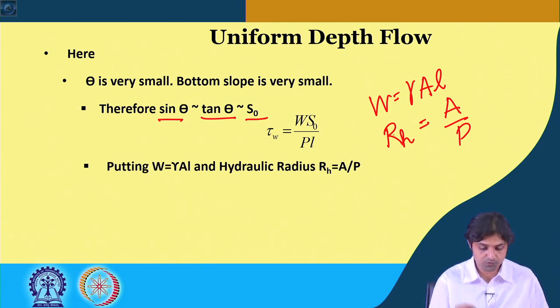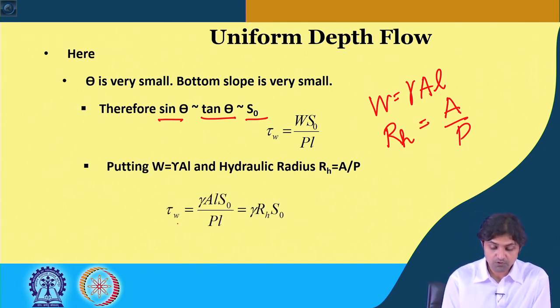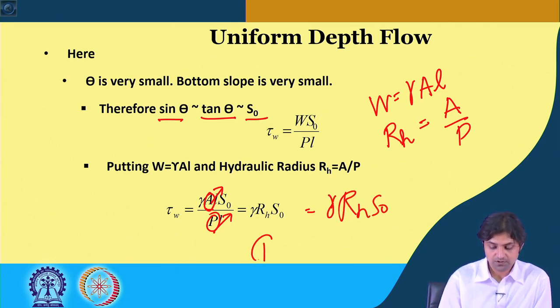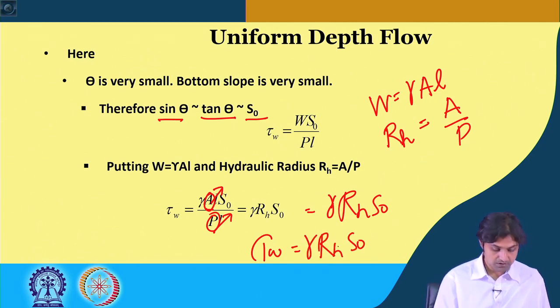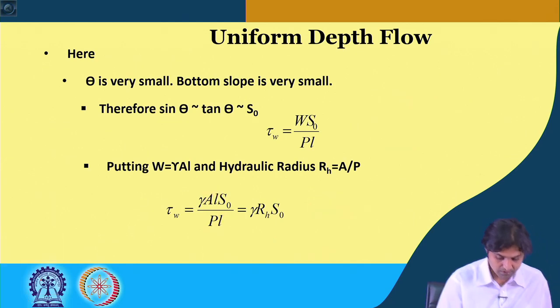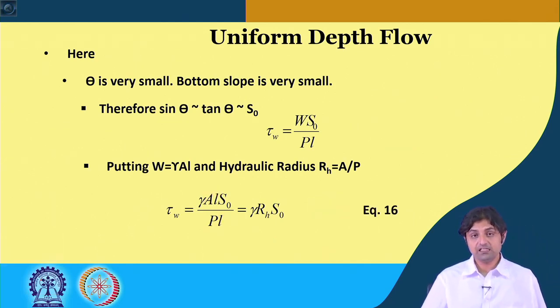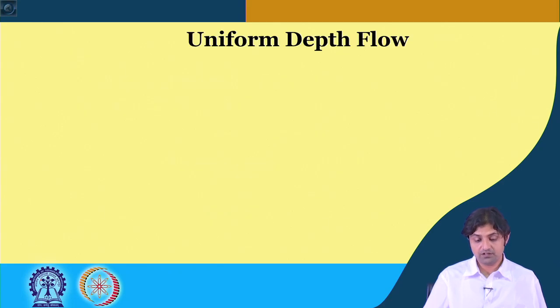So, if we put this term, tau W will be gamma A L S naught divided by P into L. So, L and L can get cancelled, and we have defined already A by P as R H. So, we can simply write gamma R H into S naught for uniform flow. So, shear stress will be gamma R H S naught. All right, and this is an important equation, that is called equation number 16.